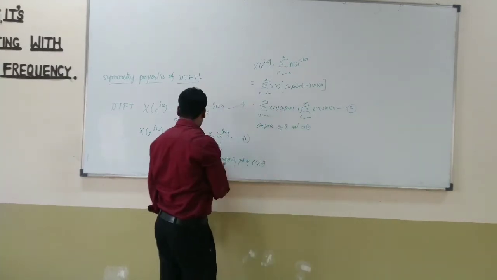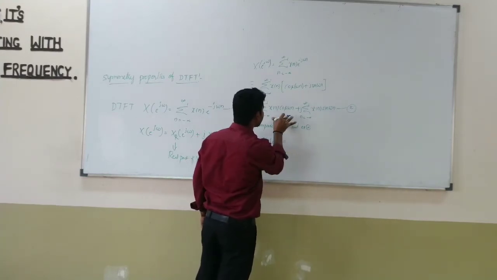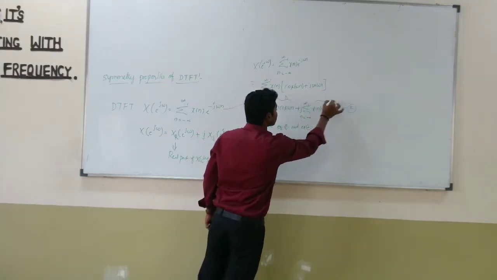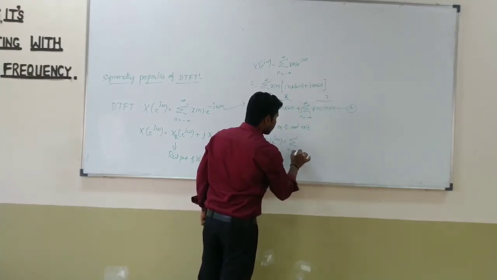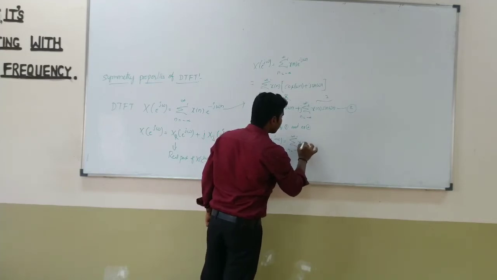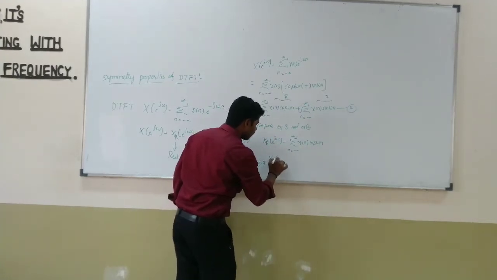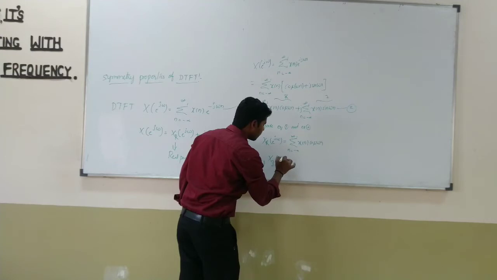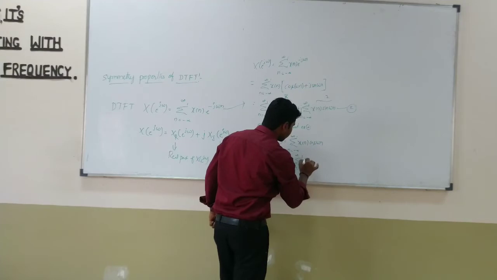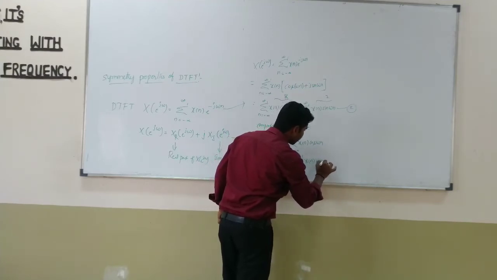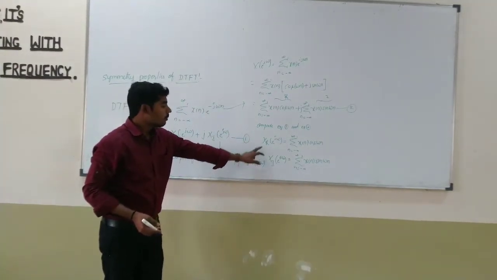From this comparison, we get XR of e power j omega, the real part, equal to the summation from n equals minus infinity to infinity of x of n into cos omega n, as well as the imaginary part XI of e power j omega equal to the summation of x of n into sin omega n. These are the real part and the imaginary part of the complex signal.